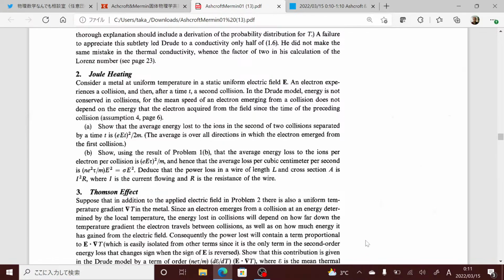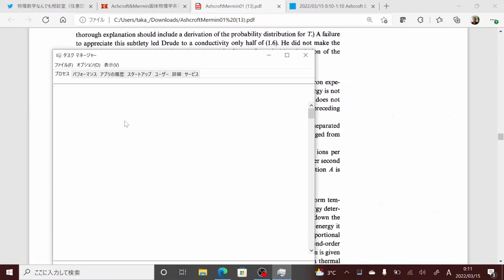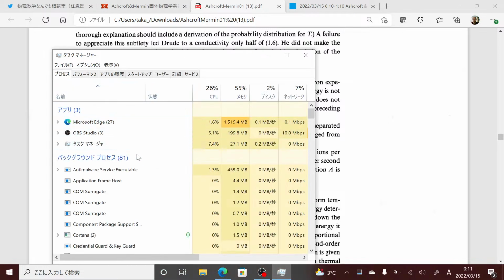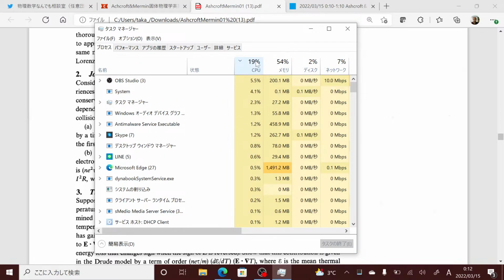This is crazy. Control Alt Delete. Is this a memory problem? I think a lot of memory was used by Microsoft Edge. CPU.